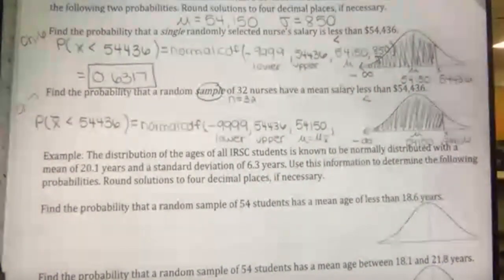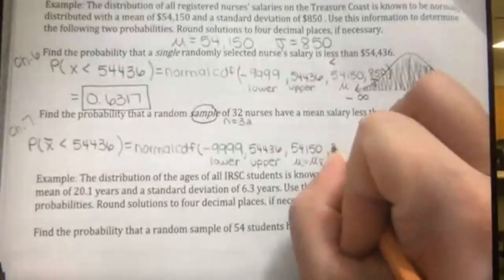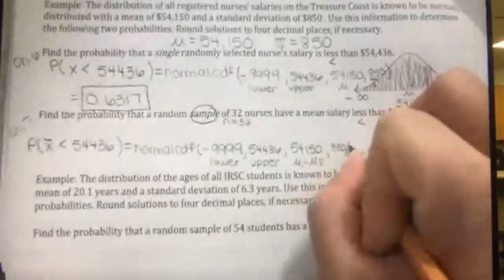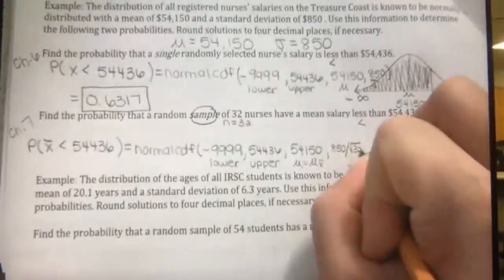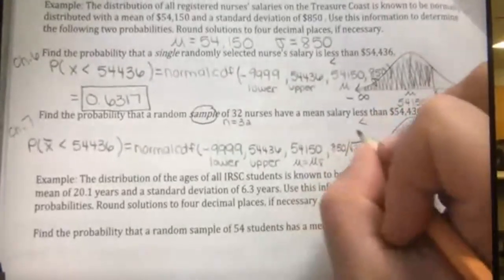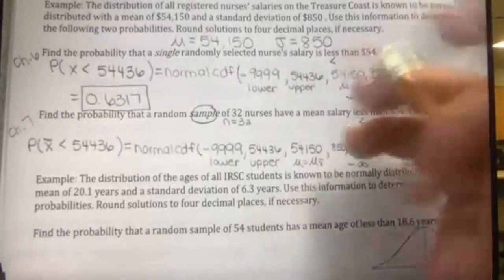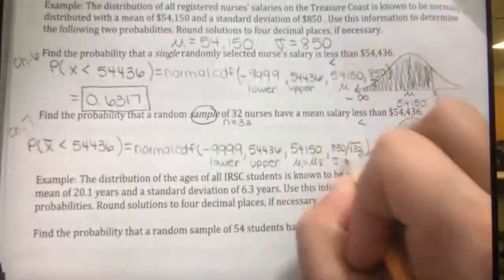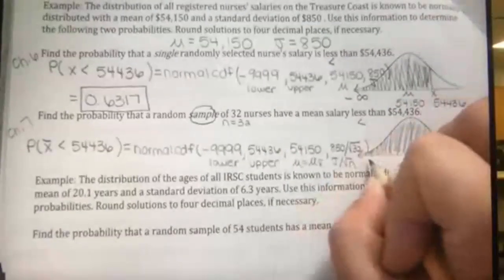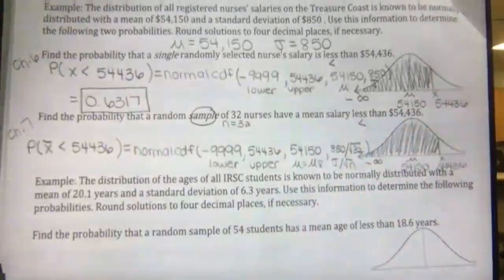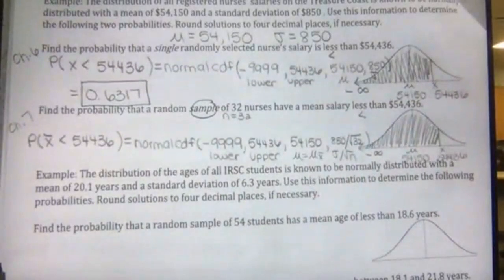Our standard deviation now is sigma over the square root of n. So we have our sigma, which is 850, divided by the square root of n, which is 32. That's the only thing that's different now.